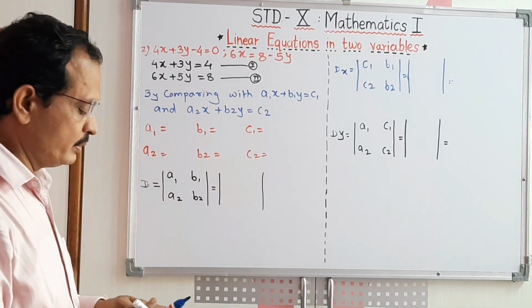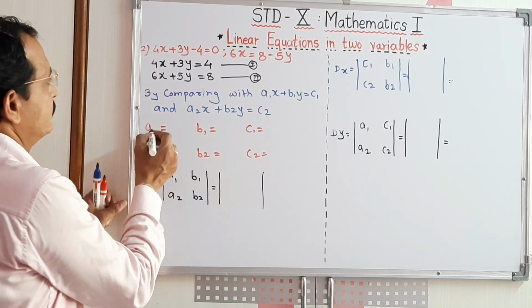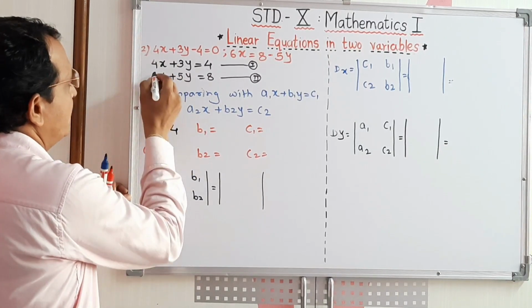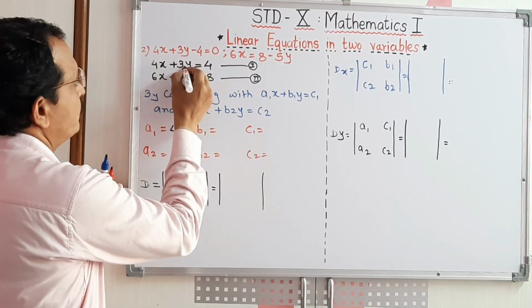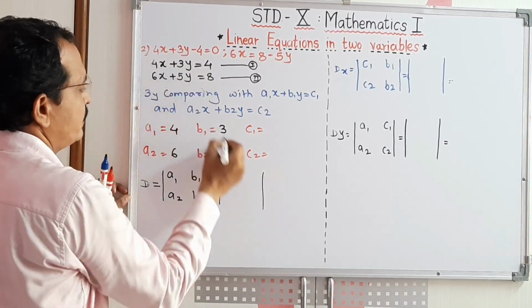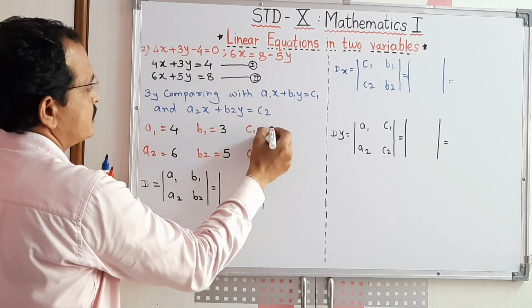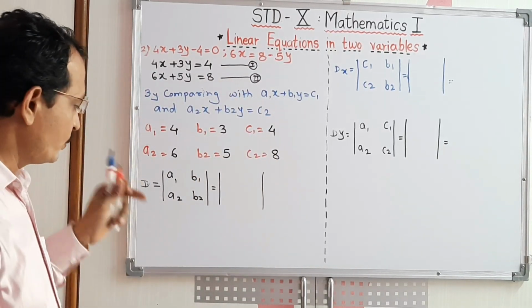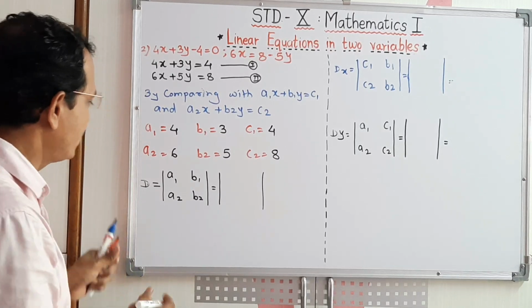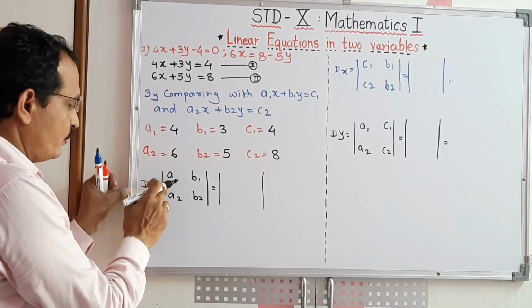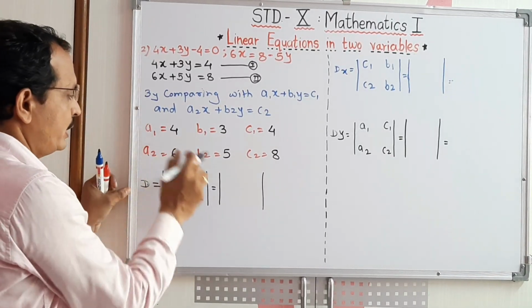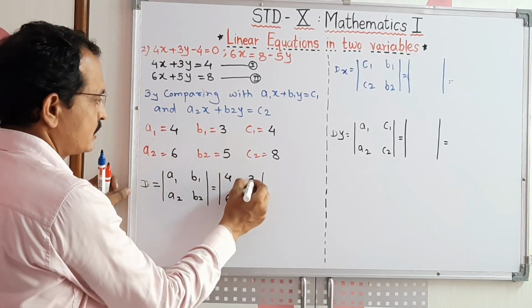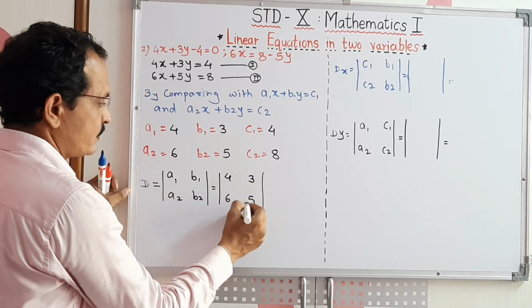Now a1 is 4, a2 is 6, b1 is 3, b2 is 5, and c1 is 4, and c2 is 8. Now first determinant is D, a1, a2, b1, b2. a1 is 4, a2 is 6, b1 is 3, and b2 is 5.